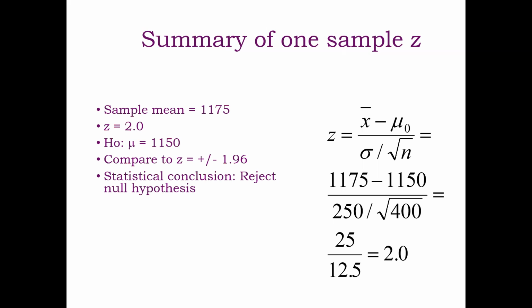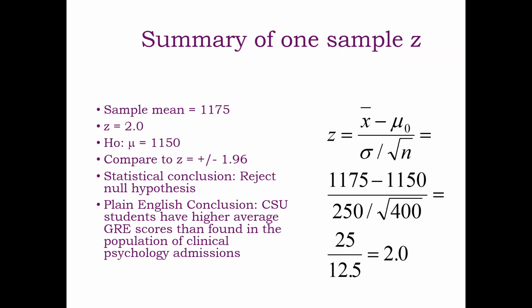We compare the 2 to 1.96. Is it more extreme? Yes. Our conclusion: reject the null. Then we have plain English: CSU students have higher average GRE scores than found in the population of clinical psychology admissions. And we can make a confidence interval, which we'll get to later.